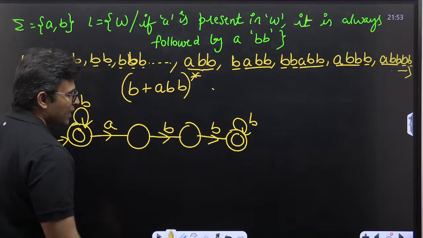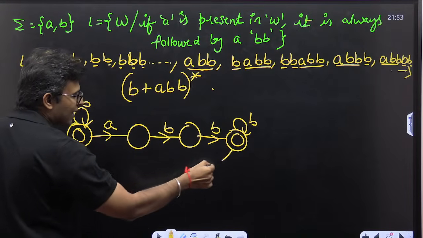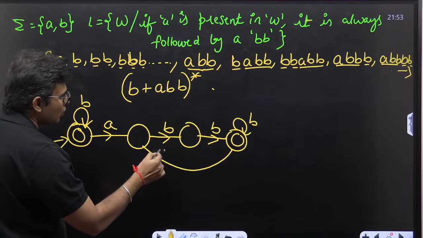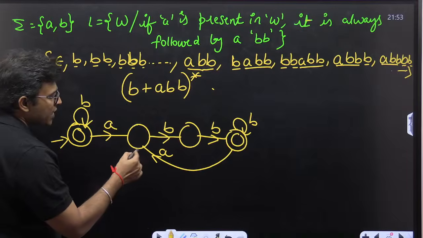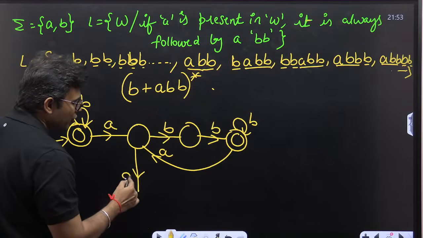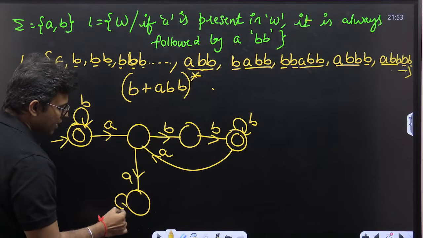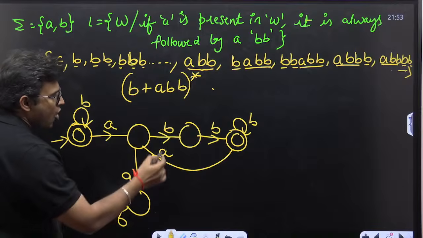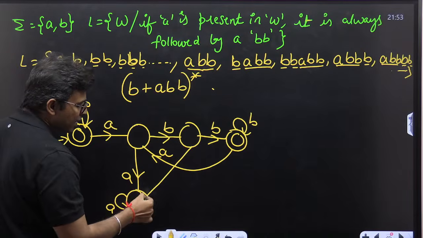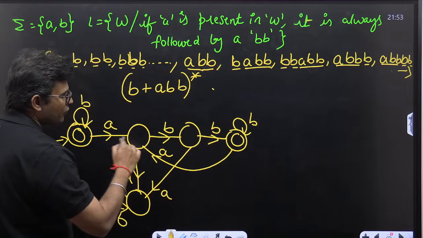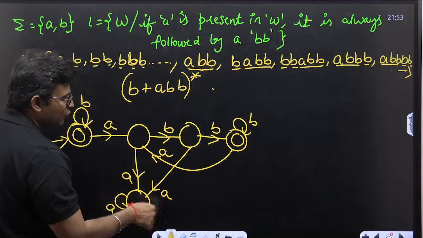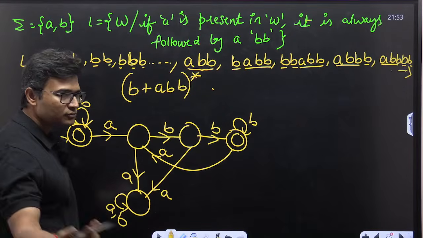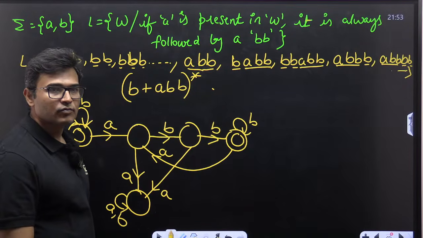If an A comes, I will again wait for 2 B's. After A, if an A comes, I am going to kill it. Or after AB, if an A comes, I am going to kill it.